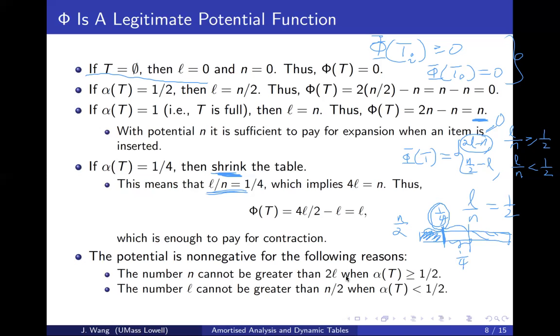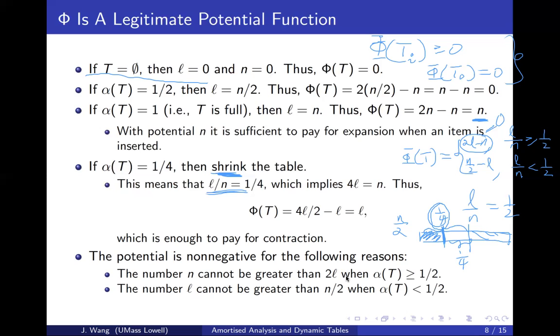That's what it is. And then you look at the potential. In this case, L is equal to 1/4, and then n over 2 minus 1/4 is equal to... let's change it.